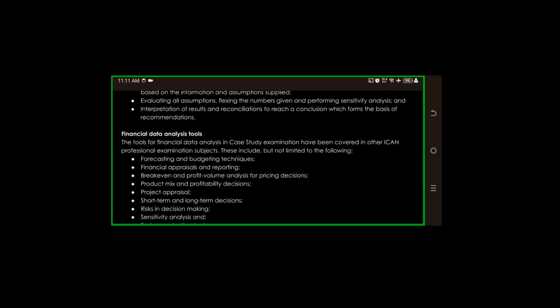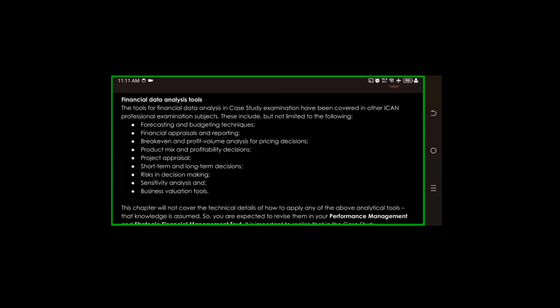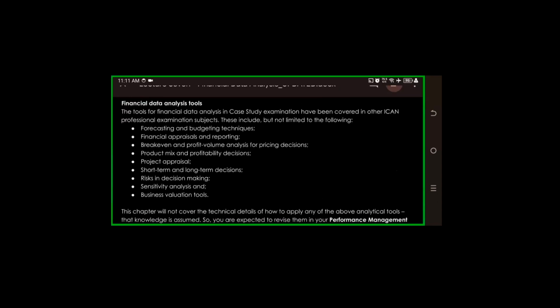So there are a few things we could learn here. Some of the analytical tools that you need to do a good job here include forecasting and budgeting techniques. You may need to forecast certain revenue or expenses, or you may need to help the organization prepare a budget.